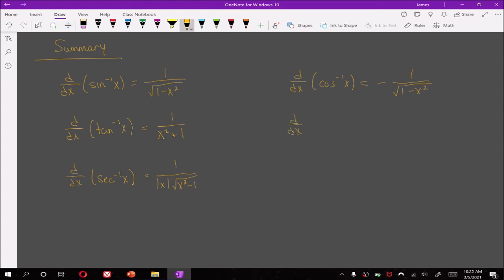The derivative of the inverse cotangent, I'm sorry, not inverse tangent, is negative 1 over x squared plus 1. And then the derivative of the inverse cosecant would be negative 1 over the absolute value of x times the square root of x squared minus 1.